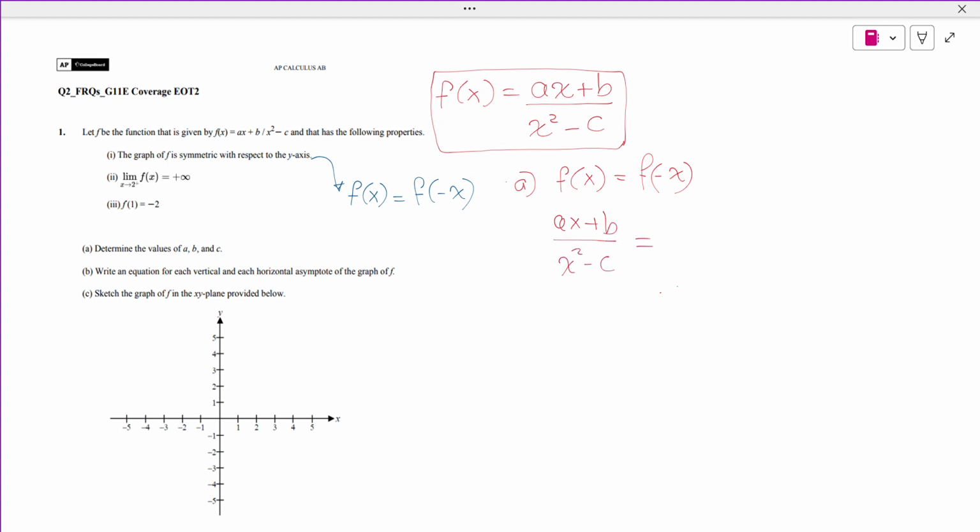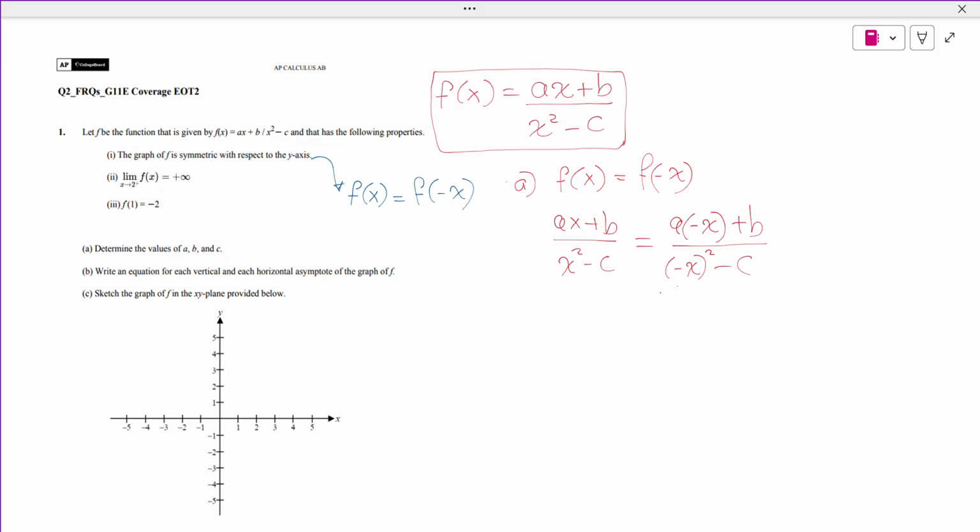And on the right side, we will replace every x with negative x. So this is a, and instead of x, we'll write negative x, and this is plus b, right? And here, instead of x, we will be writing minus x squared minus c.